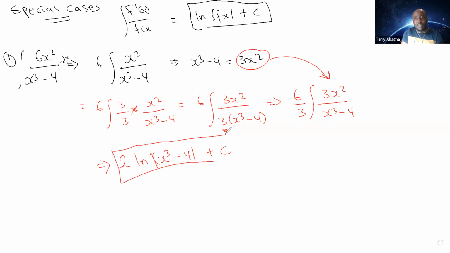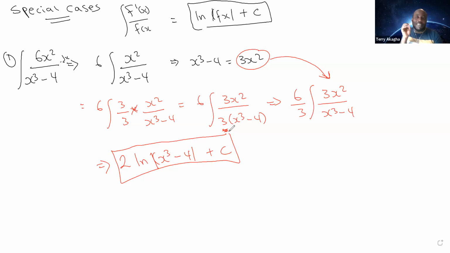Does that make any sense? So you can see it's the same thing we did in the previous video, but in this case, we're playing around with numbers and fractions such that the numerator and the denominator match.